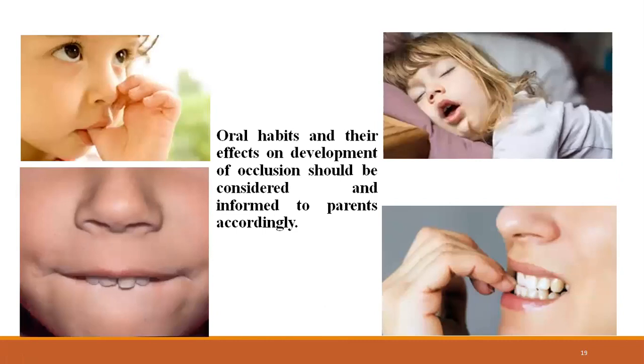Also, oral habits and their effects on the development of occlusion should be considered and informed to the parents accordingly. Like thumb sucking habits, which may lead to class 2 malocclusion, proclination of upper anteriors and open bite. Mouth breathing habits may also lead to open bite and long face syndrome.